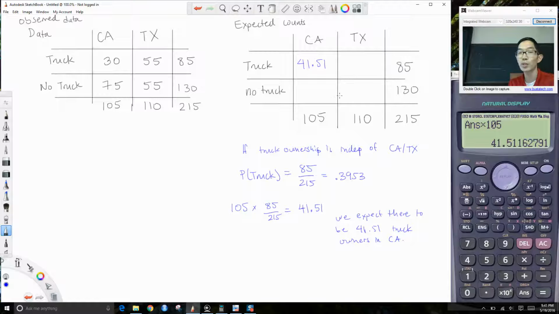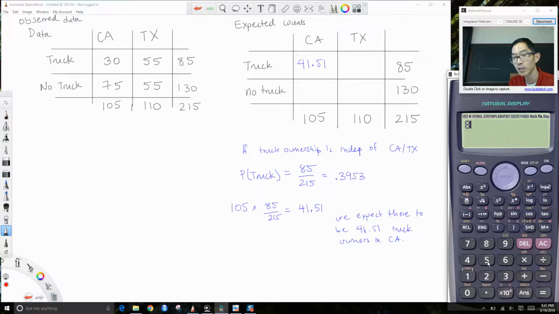But there's also a thing going on here. This table has what we call only one degree of freedom, in that as soon as I determine this number here, 41.51, all of the other numbers are locked in, because this number plus this number must add up to 85. So I can just do 85 minus 41.51, and that number has to be 43.49.